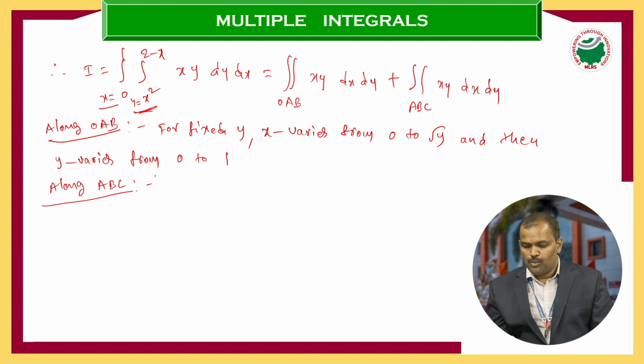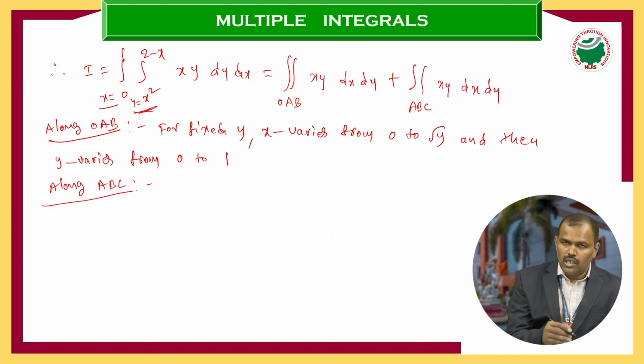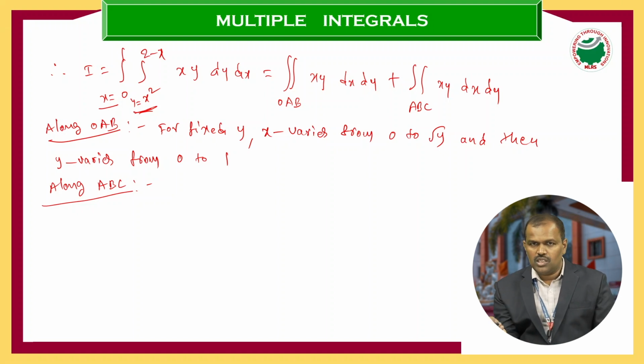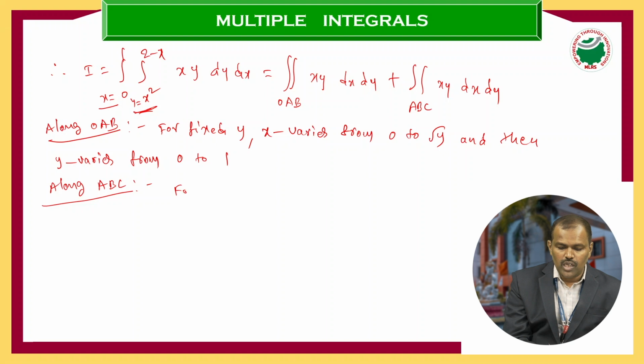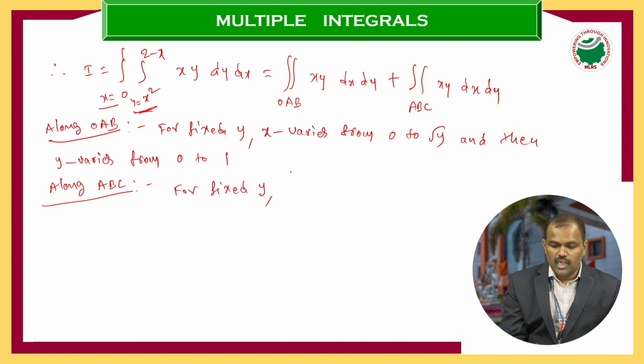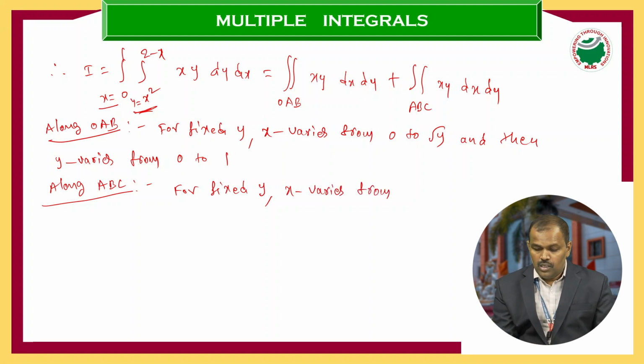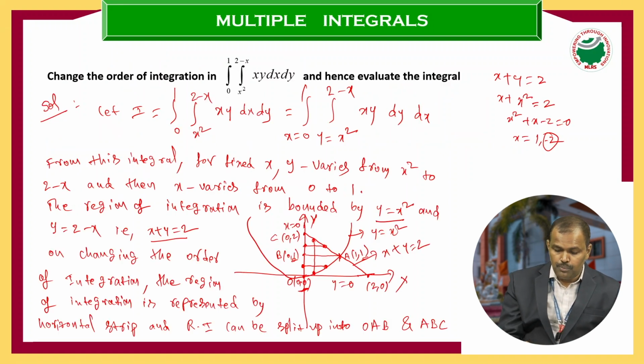Along ABC, coming to the diagram, here also y is fixed, x varies. First x variable limits and then y fixed. For fixed y, x varies from 0 to... because if we take this strip, the lower edge is on the y axis only, x is equal to 0.